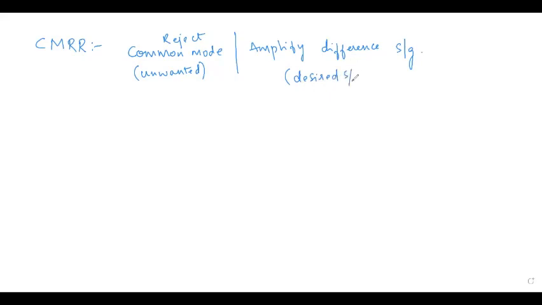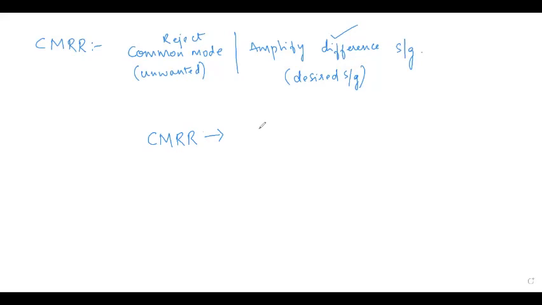So op-amp should amplify the difference signal and it has to reject the common mode signal. So we say that the higher the CMRR, if the CMRR value is high, then the op-amp is a better op-amp, in which the open loop gain is high and common mode gain is low.